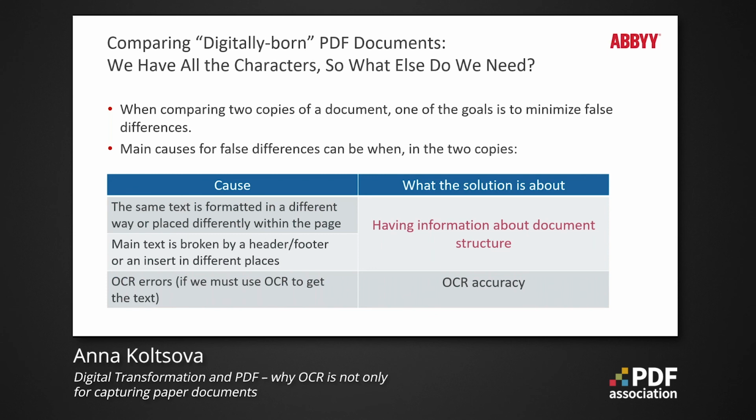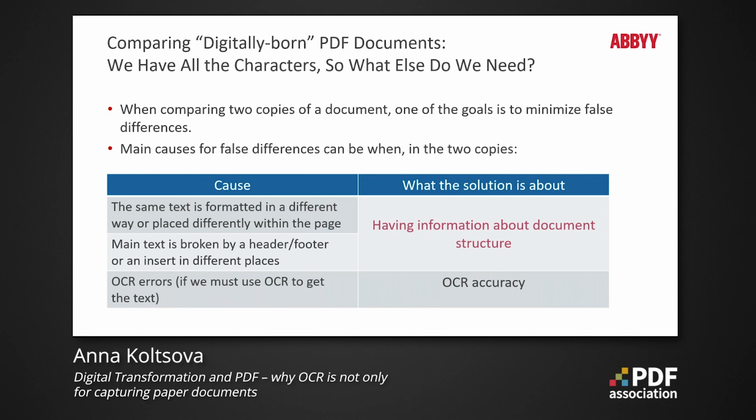The main causes for false differences can be three. The first is when in the two copies the same text is formatted in a different way or placed somewhat differently within the page, but the overall order of how the text appears in the document is not changed. The second is when the main text is broken by a header, footer, or an insert in different places.